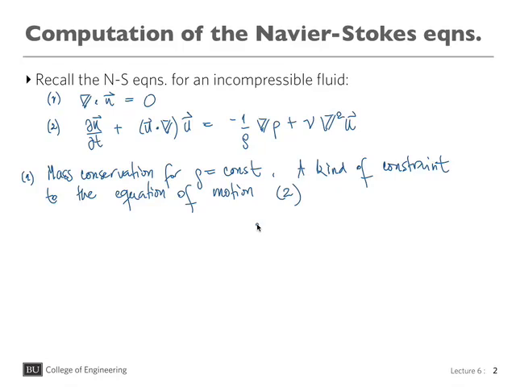So we have a little bit of a problem here, which is the following: if I write the equations the way I've written them here, there is no obvious way to couple the velocity and the pressure.